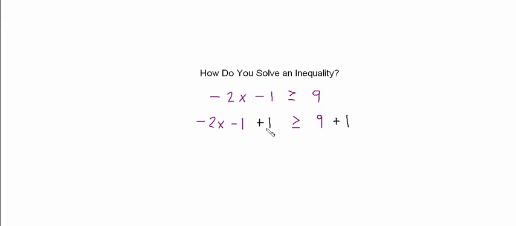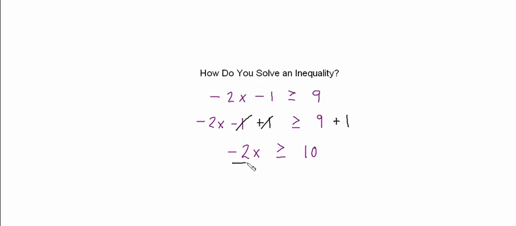Negative 1 and positive 1 add to 0, so we'll cancel them out. And that leaves us with negative 2x on the left side of the inequality. That's going to be greater than or equal to 9 plus 1, which is 10.